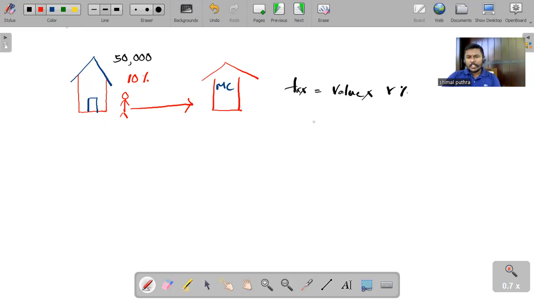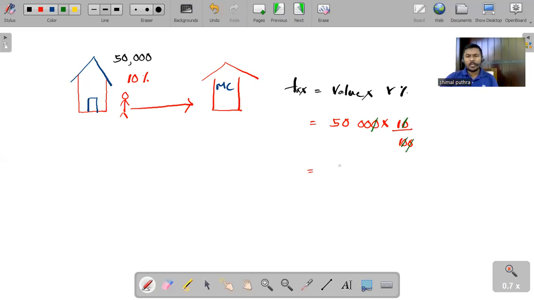So if the valuation is 50,000, I can take the value as 50,000 into the rate. Rate is 10%. Now we have to just simplify. We know since grade 6 and grade 7 how to simplify fractions. So this is just a multiplication. If there's a multiplication, we can cancel similar parts in the denominator and the numerator. I will cancel this 0 and 0 and this 0 and the 0.